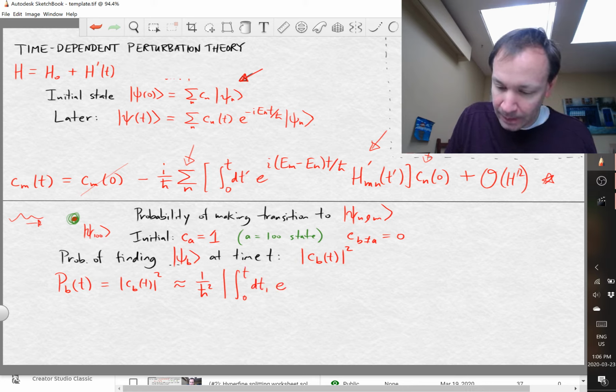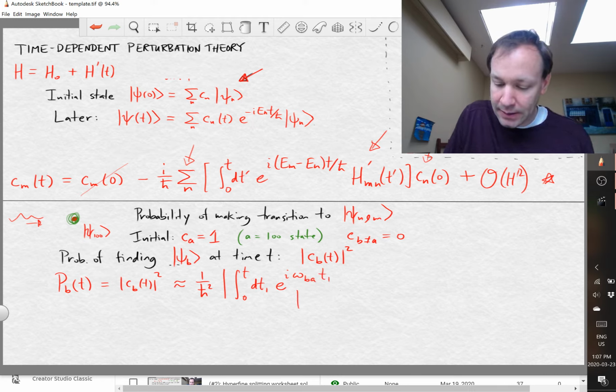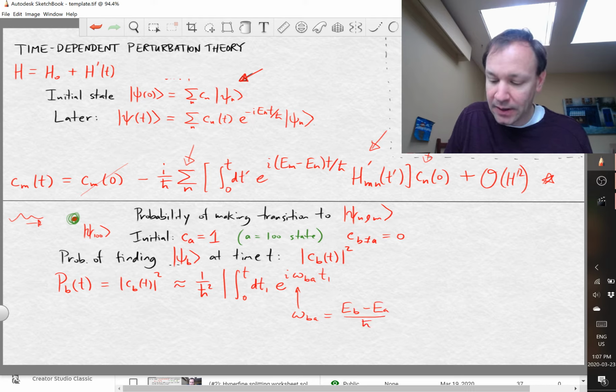dt1. And then I'm going to make the expression look a little bit simpler by introducing a new notation. So omega BA, that's just going to be the energy difference, EB minus EA divided by h bar. So that's going to be a frequency.